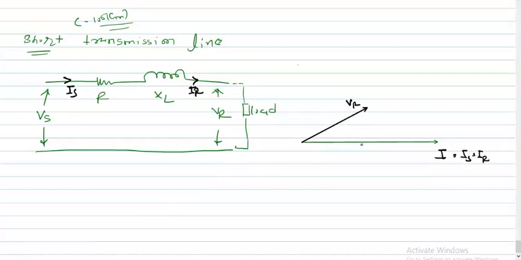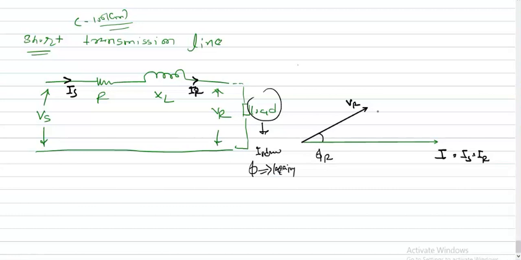Why am I considering VR and IR having some phase difference? Because the load is a lagging load; normally any load is an inductive load, so your power factor is normally lagging. This indicates the power factor at the receiving end side, which I will indicate as phi R, the power factor of the load.